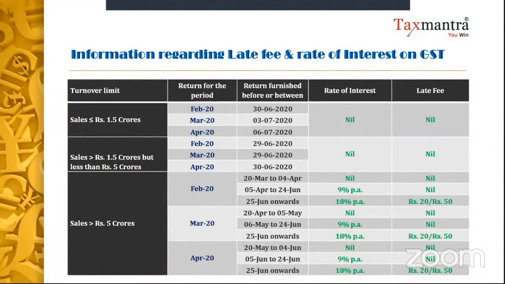Now we are talking about late fees and rate of interest on GST, which has also been notified by the GST Council and the Ministry of Finance. It has been categorized under three parts. First, a taxpayer having sales less than 1.5 crore for the months of February, March, and April.